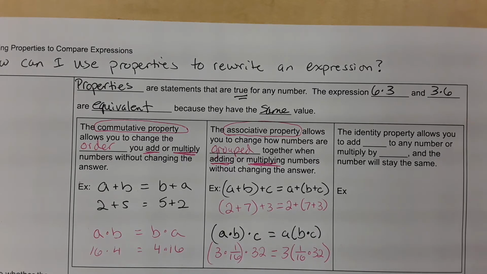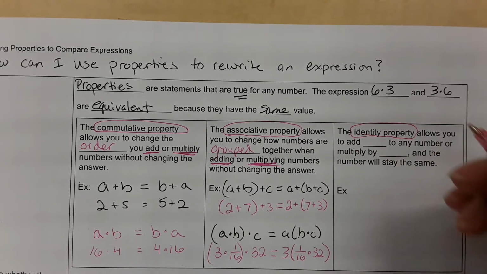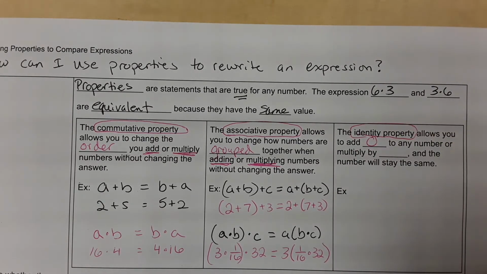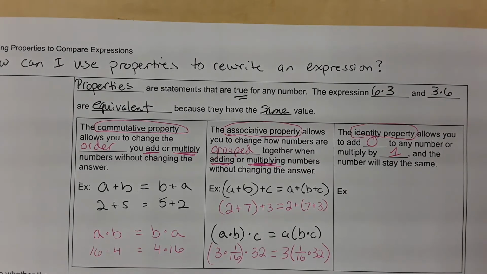It's just a little easier, and that's our goal, to make problems simpler, and in some cases in the future to make them possible to solve, because the way they're written may be just super challenging, more challenging than it needs to be. All right, next we have our identity property, and that one states that you're allowed to add 0 to any number or multiply by 1 and the number will stay the same.